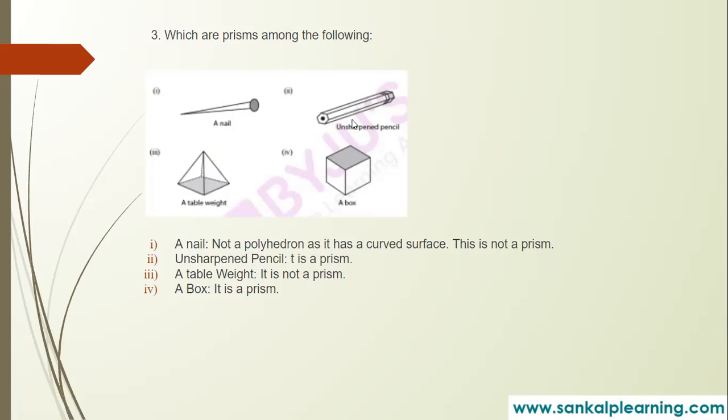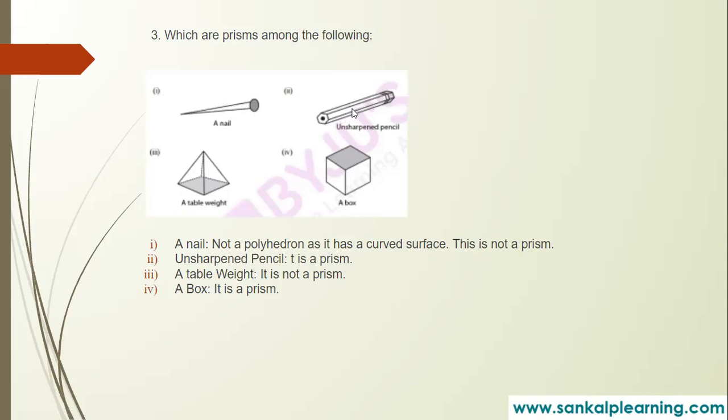Come to the second one, pencil. See, here it is 1 2 3 4 5 6, it is hexagon. See, back also there will be hexagon, right? ಮುಂದೆ ಮತ್ತೆ ನೋಡಿ, ಟಾಪ್ ಬಾಟಮ್ ಎರಡು ನಮ್ಗೆ ಏನಿದೆ, hexagon shape ಇರುತ್ತೆ, right?